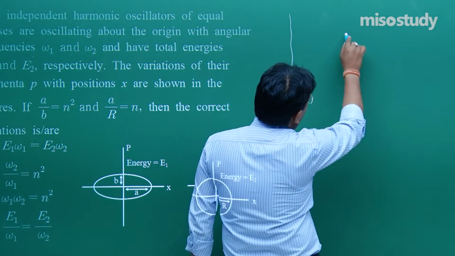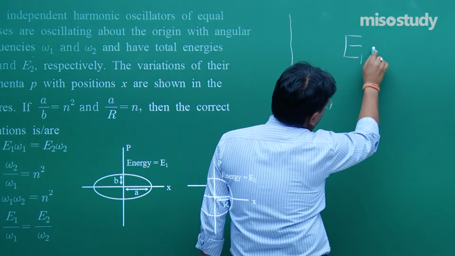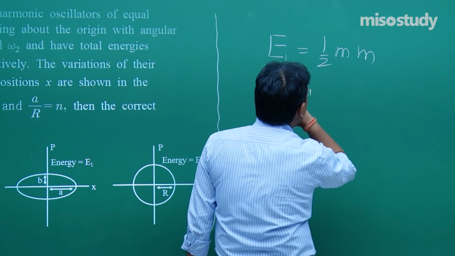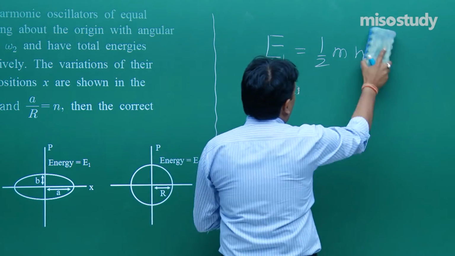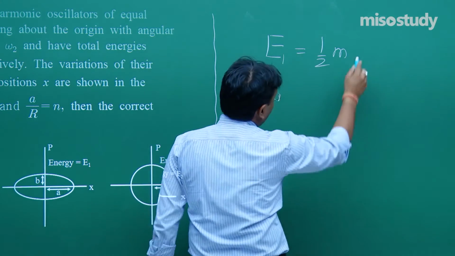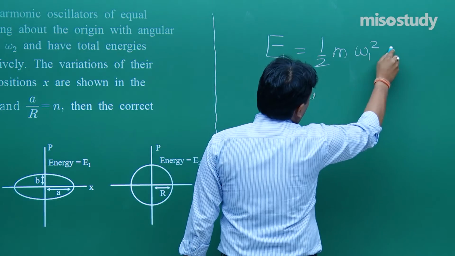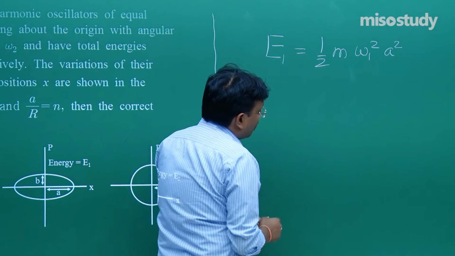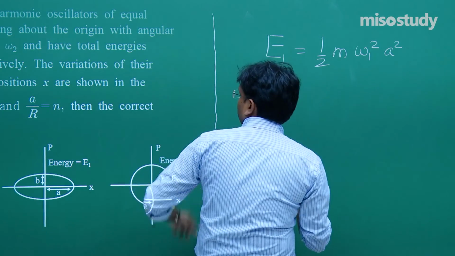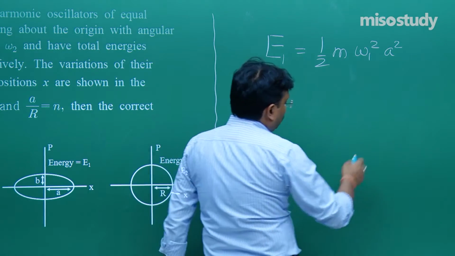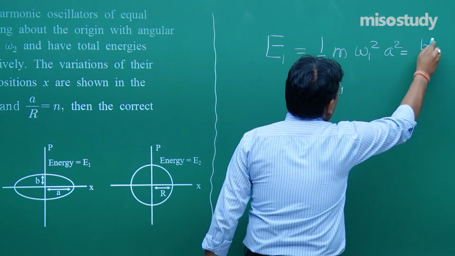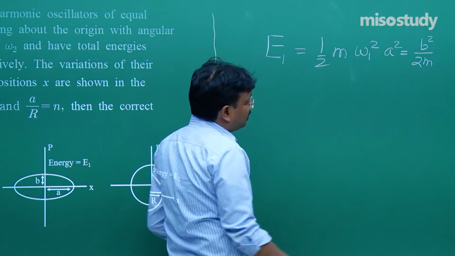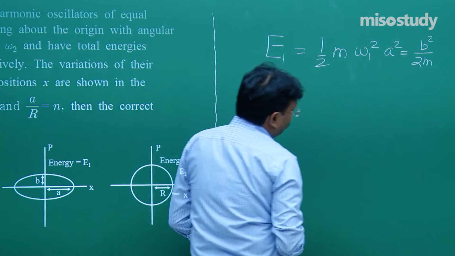So what exactly is the situation? E1 is equal to half m omega 1 square a square. Just some time back we mentioned this formula, and it is given in the problem as b square upon 2m. We can write it like this, say this is equation number 1.